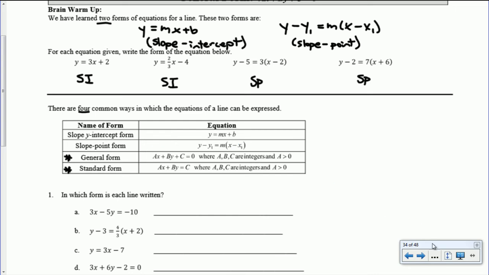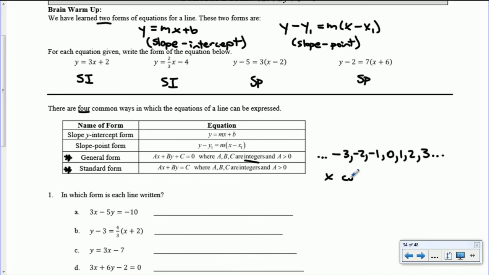So the conditions on these is a, b, and c need to be integers, so that's like -3, -2, -1, 0, 1, 2, 3, and so on. So basically all the whole numbers, including their negatives. That's what we need, and we need another condition met: the a, the coefficient with the x, has to be positive.